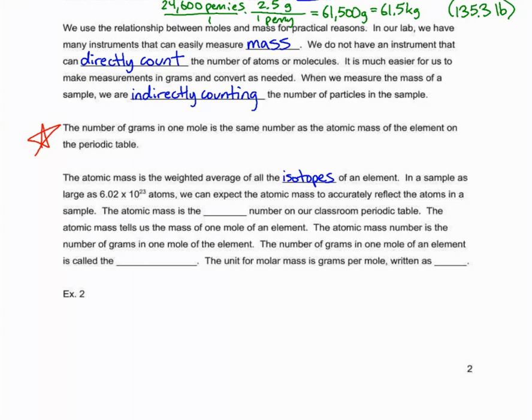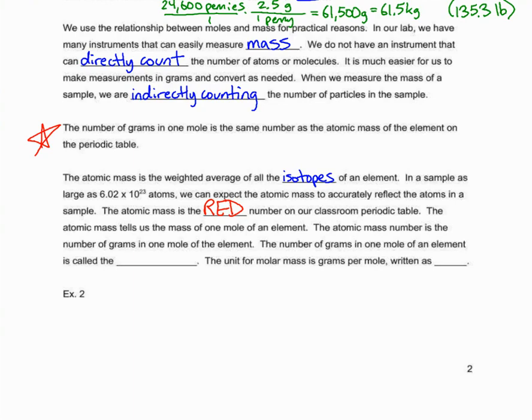If you were in our classroom, I would have you look at our periodic table. The mass is the red number on our classroom periodic table. It is in the bottom of each individual box. So the atomic mass number ends up telling us the number of grams in 1 mole of an element. And we have a definition for this.